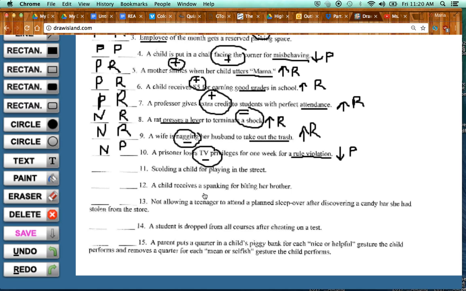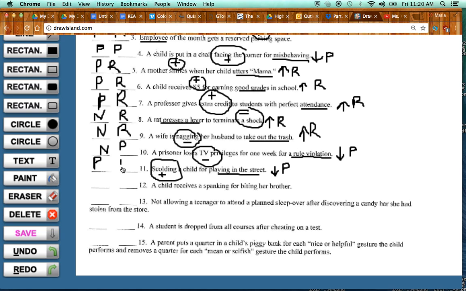Excellent. Number 11, scolding a child for playing in the street. We want to decrease the behavior of playing in the street, so that would be punishment. So then you added an aversive stimulus by scolding, so that 11 would be positive punishment.